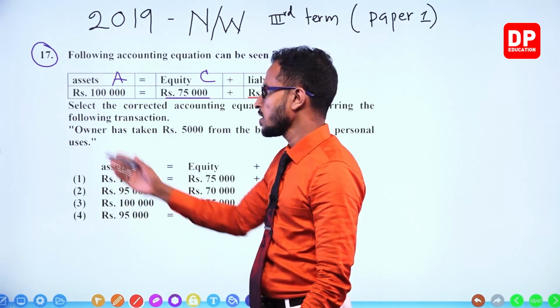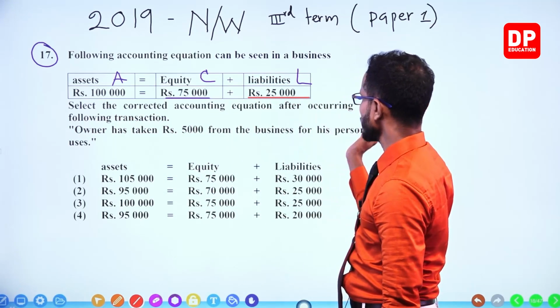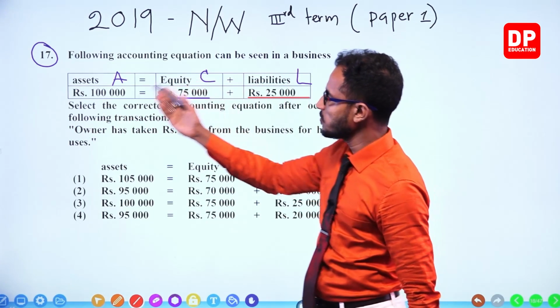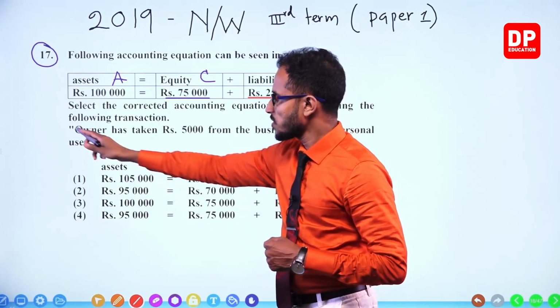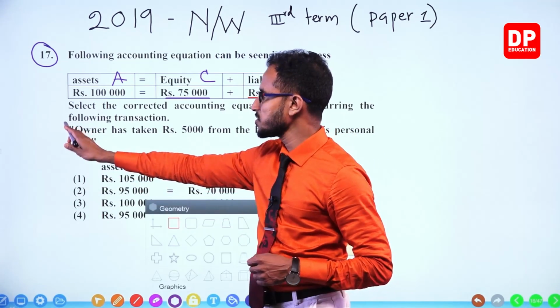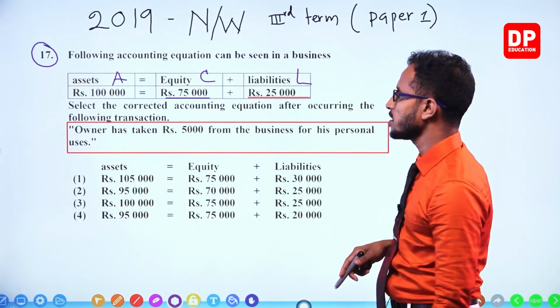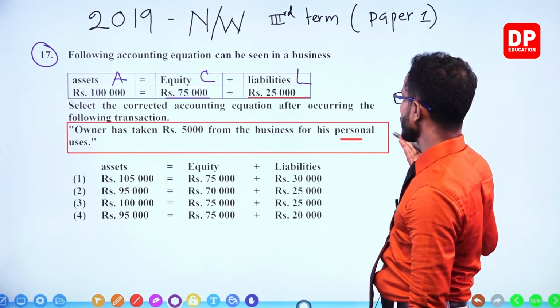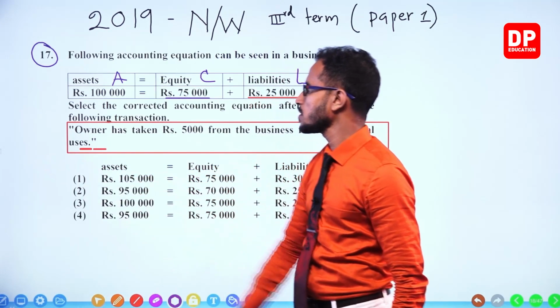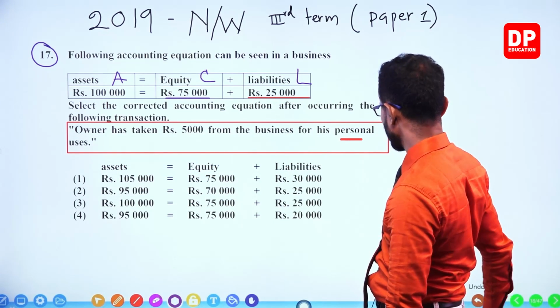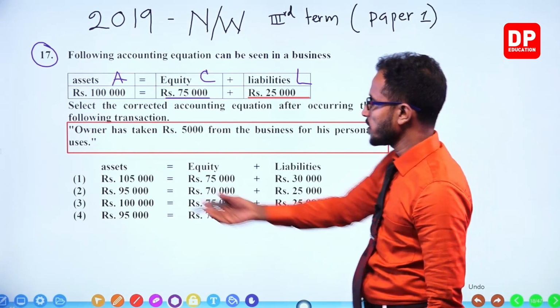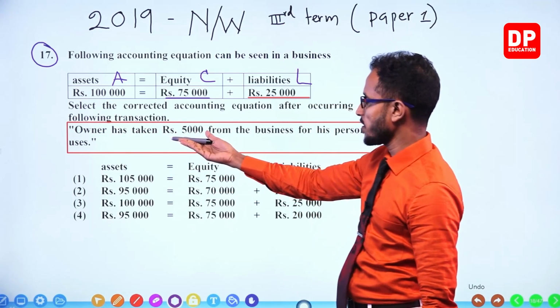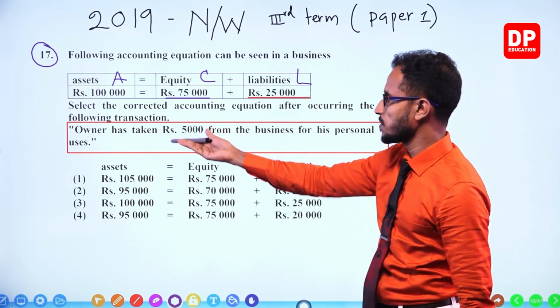Basic accounting equation. Select the correct accounting equation after the following transaction occurs. After this transaction, how does the accounting equation change? That is what they're asking. After this transaction, the owner has taken 5,000 from the business for his personal use.